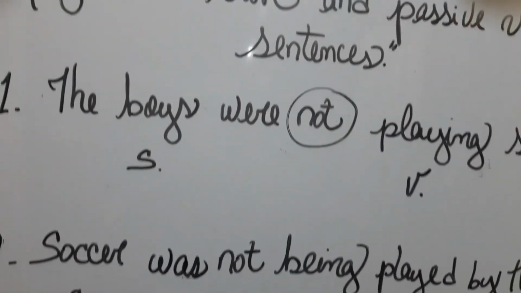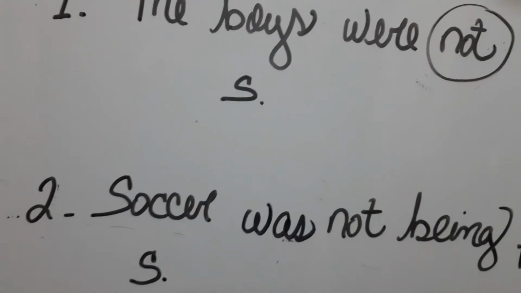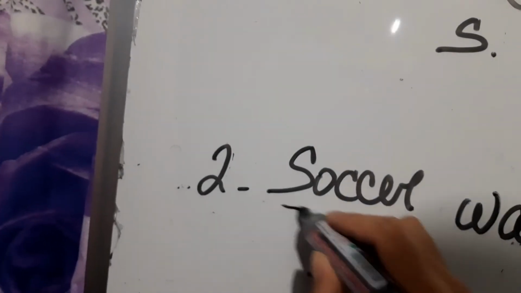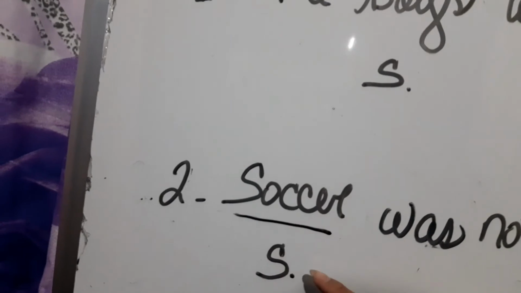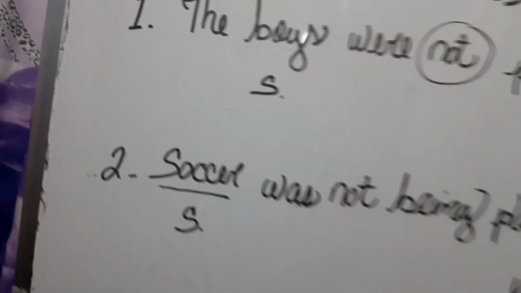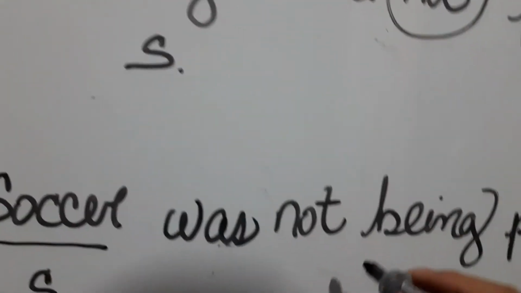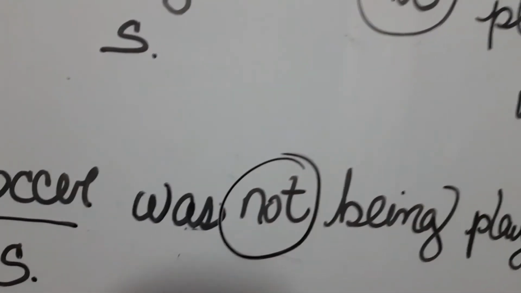To transform this active voice sentence into a passive voice sentence, we add the object of the active voice sentence, that is soccer, in the first place of the passive voice sentence. Now it is the subject of this sentence. Then we have was and add the negative form, not.